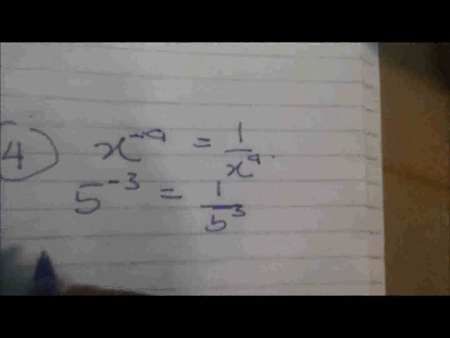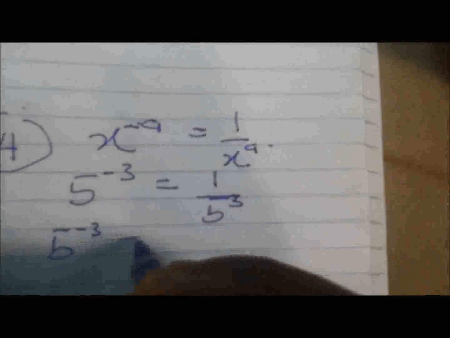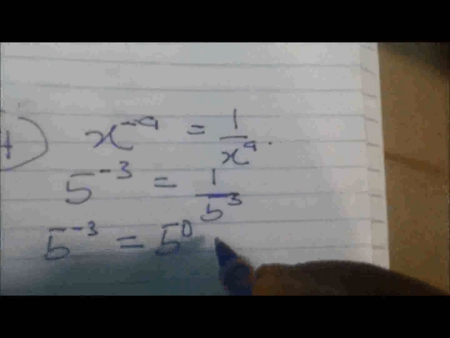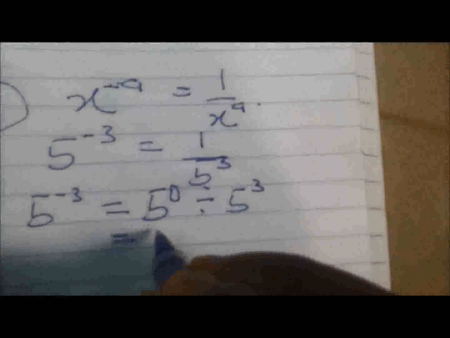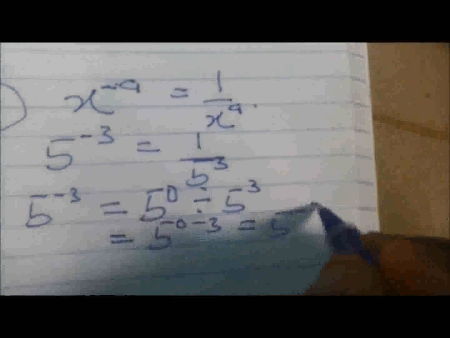Because we know that 5 raised to the power of minus 3, we can write in this form, that is 5 raised to the power of 0 divided by 5 raised to the power of 3. Using the second law, we can rewrite this as 5 raised to the power of 0 minus 3, and it gives us 5 raised to the power of minus 3.